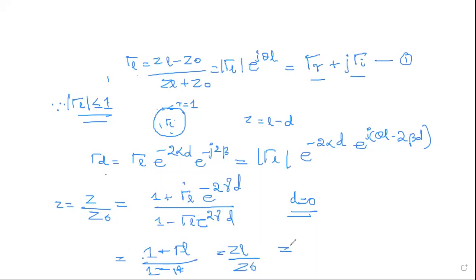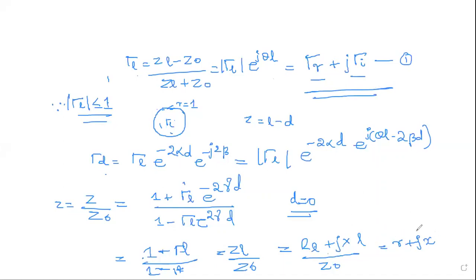Or if you write it in terms of real and imaginary part, Z is nothing but R plus jX, resistance plus reactance. So RL plus jXL divided by Z naught, which I will be writing as small r plus jx. This whole term, how I have written your reflection coefficient, similarly I'll be writing your r and jx.